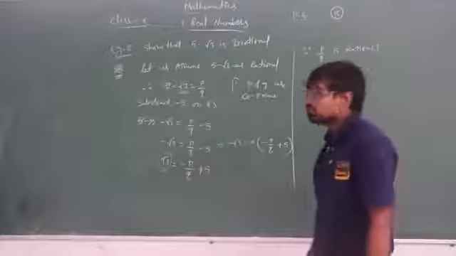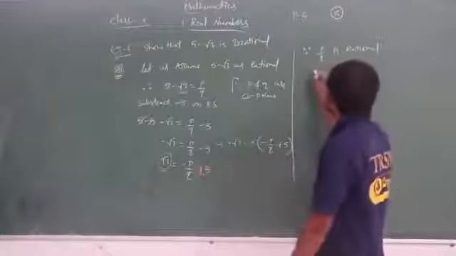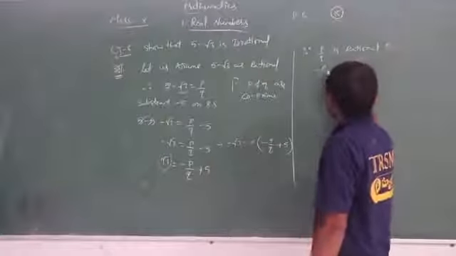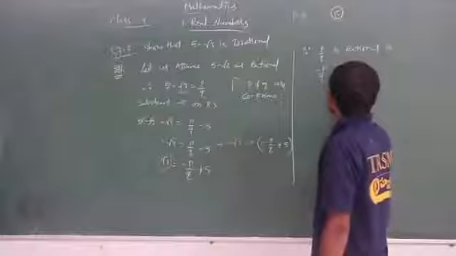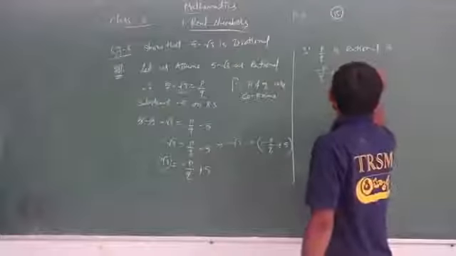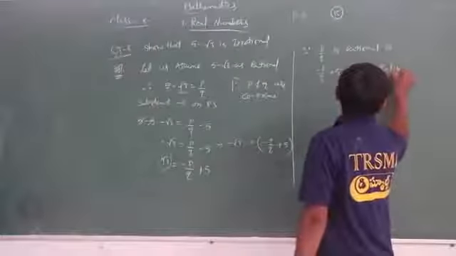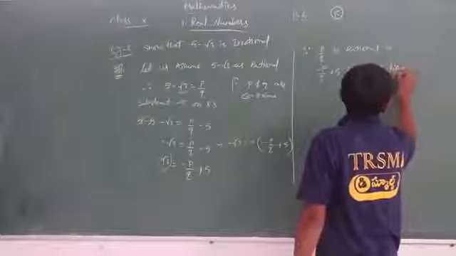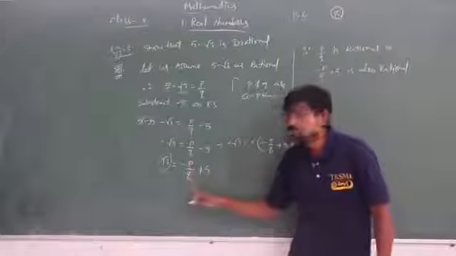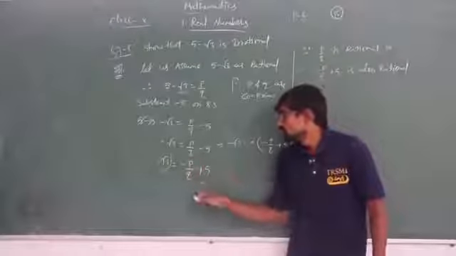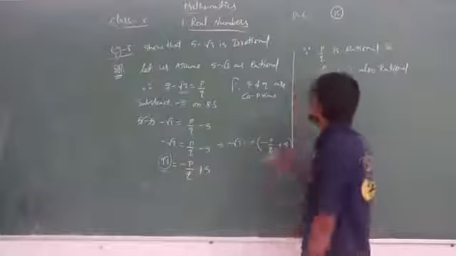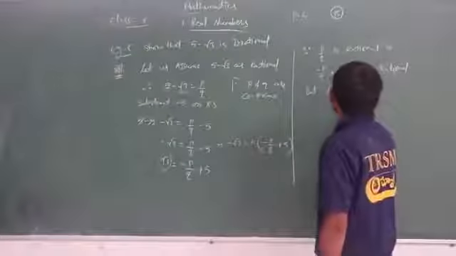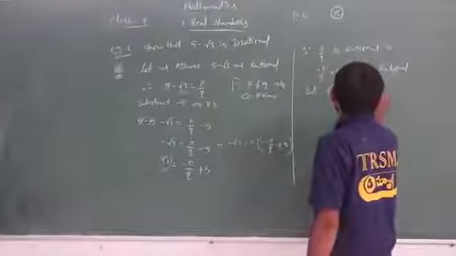P by Q is a rational, therefore minus P by Q plus 5 is also rational, isn't it? As P by Q is rational, this whole term is also rational, but root 3 is irrational, isn't it?